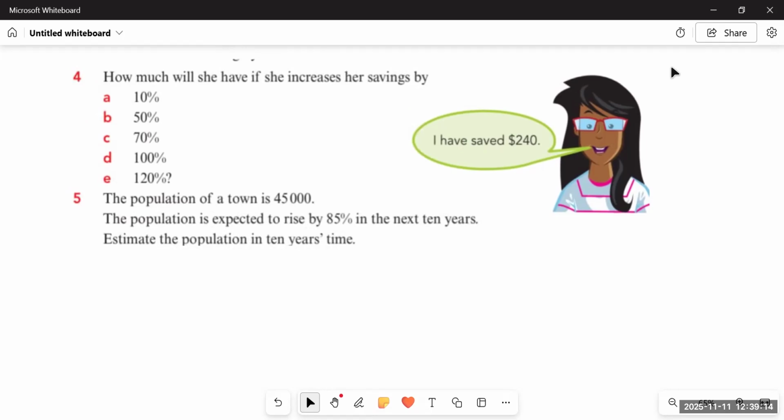So, how much will she have if she increases her savings by 10%? So, what are we supposed to do? We will simply find out these percentages and then we will add them to it. So, 10% of 240 would be 240 divided by 10, that's 24. So we will write down these percentages first. 10% of 240 is equal to 24.